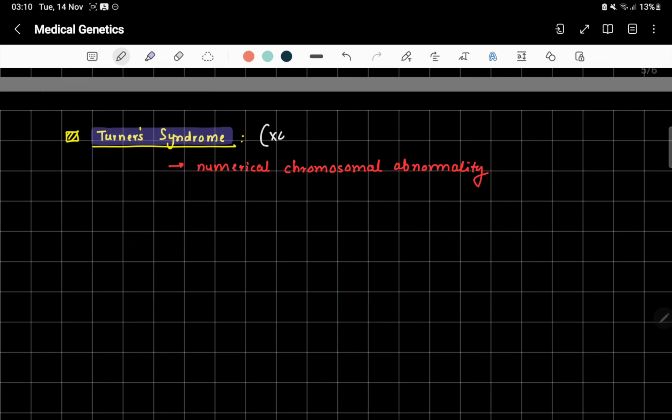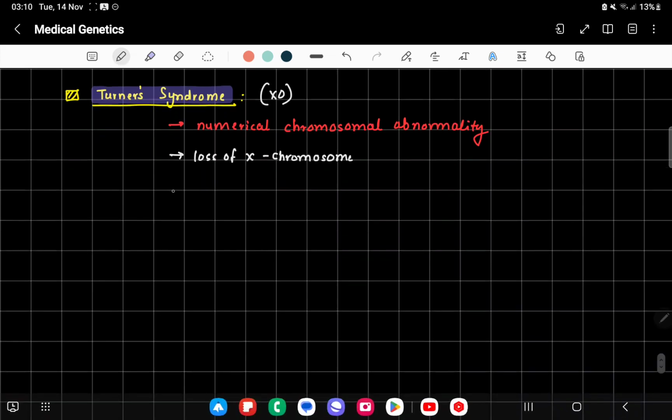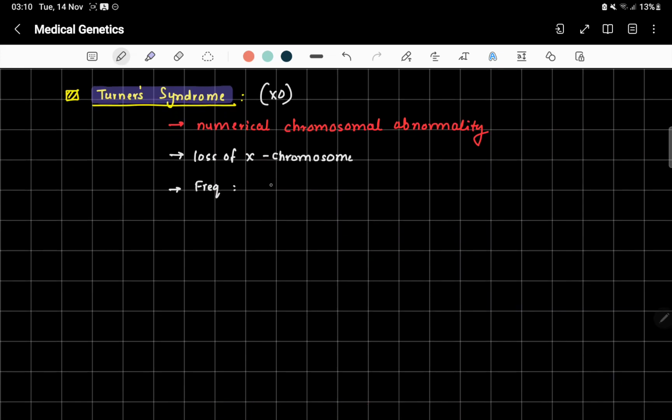The genotype is XO. It was first described by Turner in 1938. The frequency is about 2:3,000 female births. About the genotype, it is 45XO. And the phenotype is a female with absent bar body.